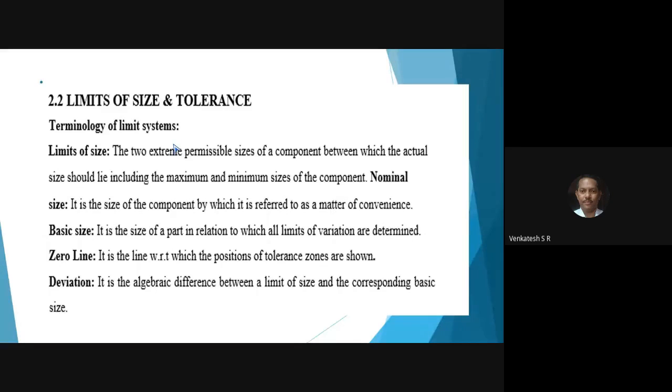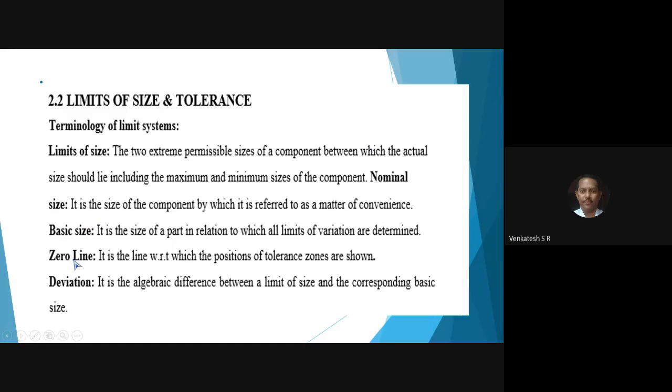You have a component in the machine shop. You are using a vernier caliper or micrometer. I ask you to measure the diameter of the component or shaft. That is known as the nominal size or basic size.